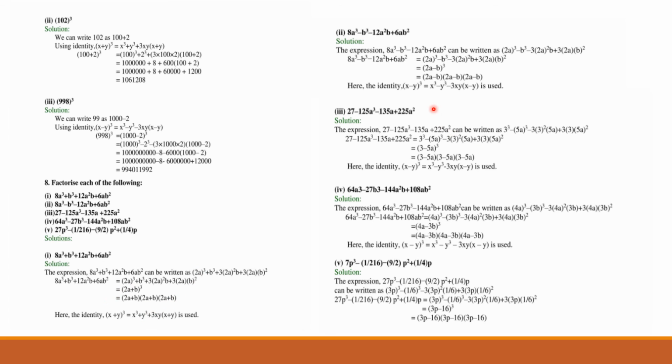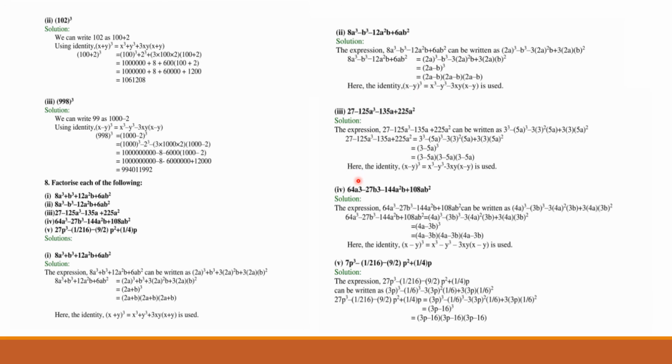In the same way, the rest of the questions you will solve. The way is similar. Just see it is of negative sign, so which identity will you use, x minus y whole cube or x plus y whole cube? For example, in the first part it is x plus y whole cube. In the second part it is x minus y whole cube.